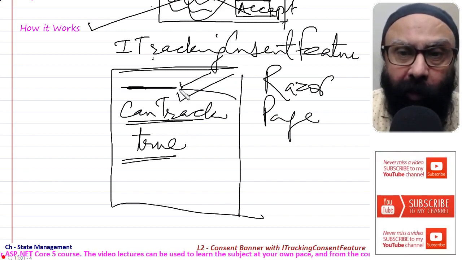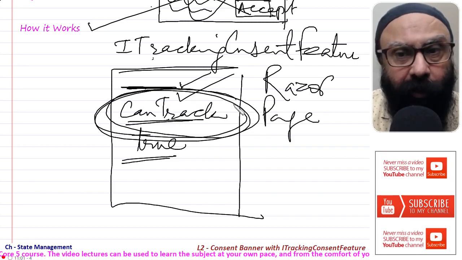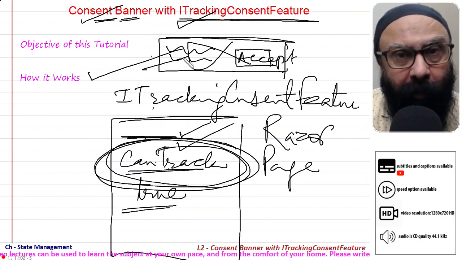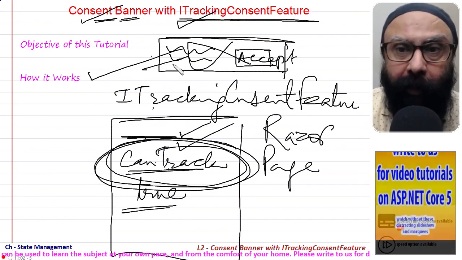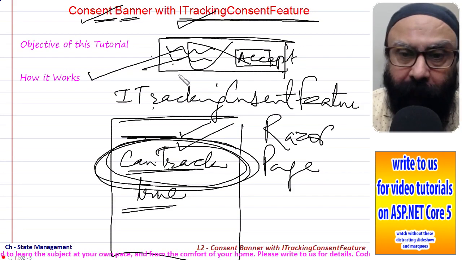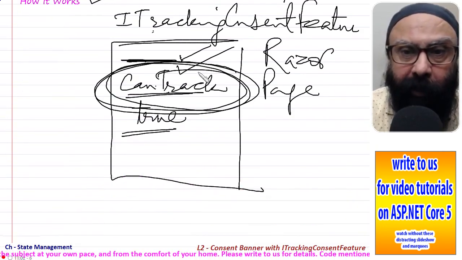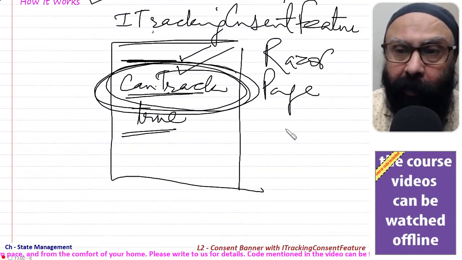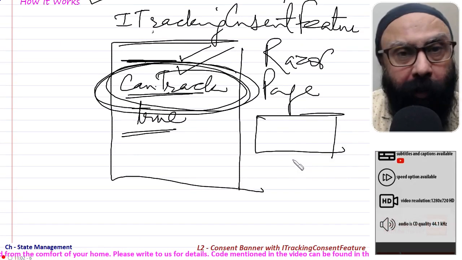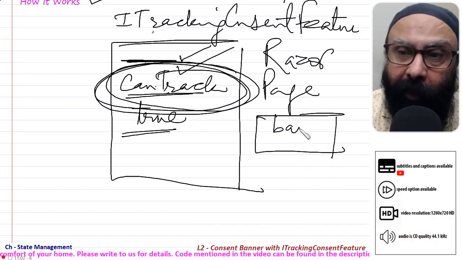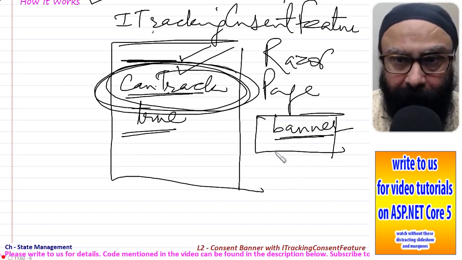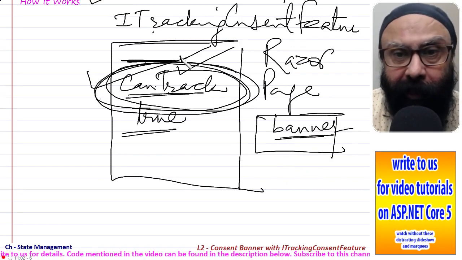If it is true, then this dialog will not be shown. If this is false, then this dialog will be shown. So the CanTrack property helps you decide whether the banner for cookie acceptance is to be shown or not. So this is the deciding property.